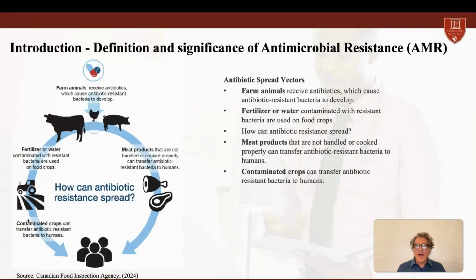Let's have a look now at how antibiotics spread and how it works. Why? Because this problem is not just correlated to human health. We're talking about a completely different situation, because generally farm animals receive antibiotics. Why do they receive antibiotics?